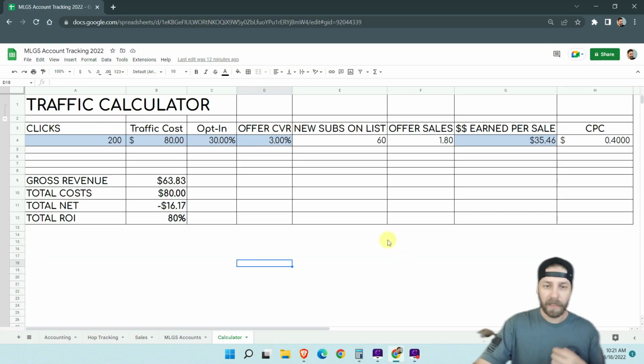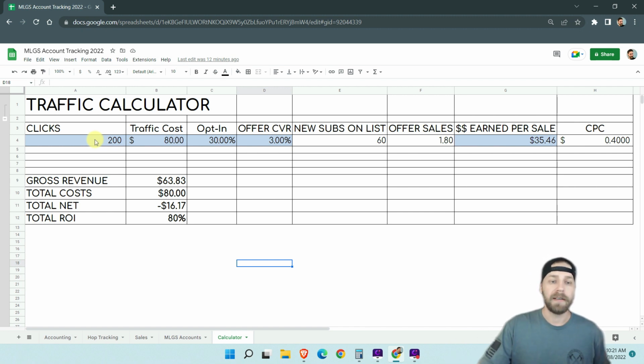I've already added some calculations in here, and I will show you what they are in a minute. But right here, this is going to be the clicks. When you present somebody an offer through an ad or an email, usually you will have an affiliate link in there for the offer that you're presenting.